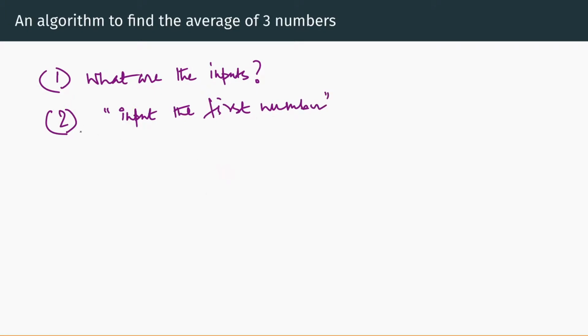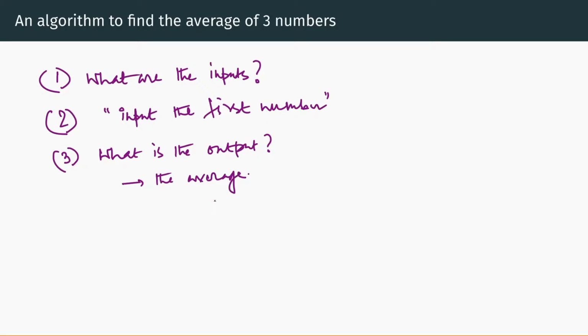The third question is, what is the output? The output is the average. That's the problem that we are trying to solve.